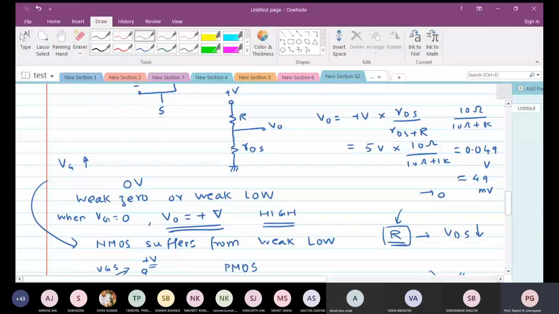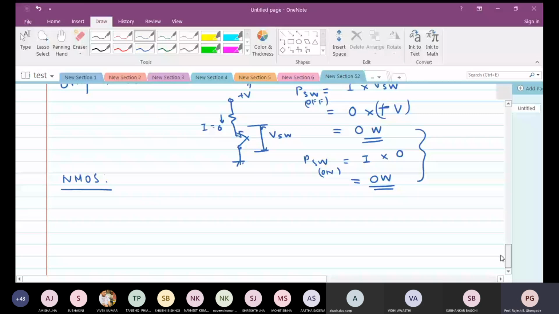So when the NMOS is on, the power dissipation across the device, P NMOS, will be the drain current squared into RDS on.